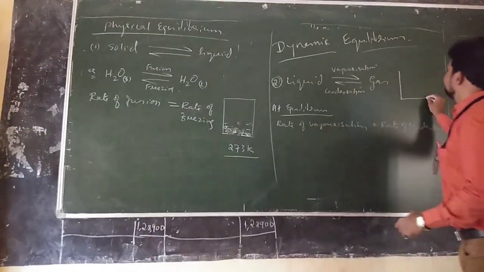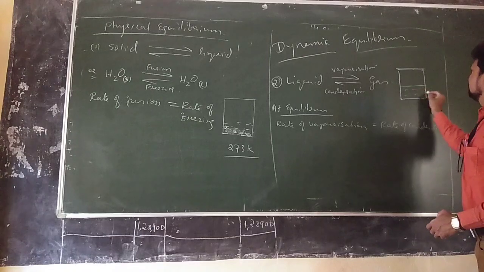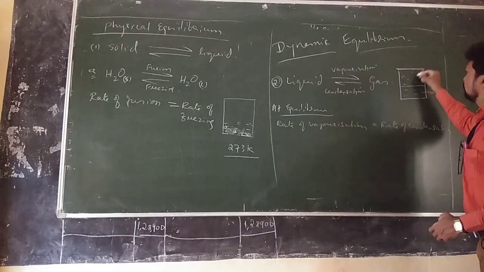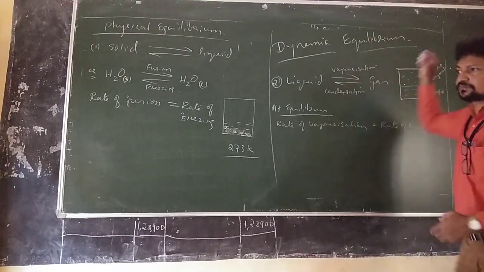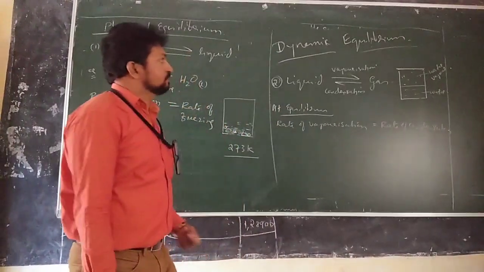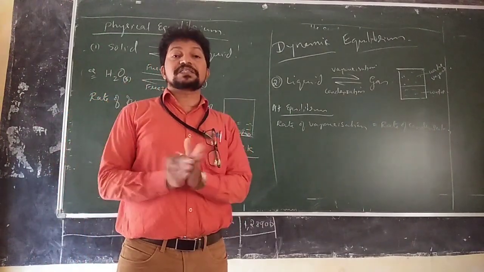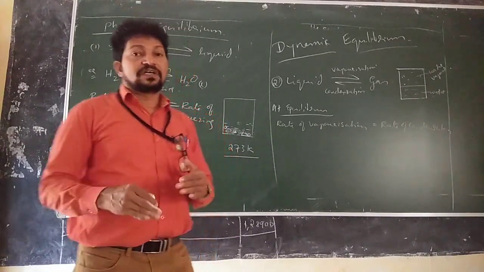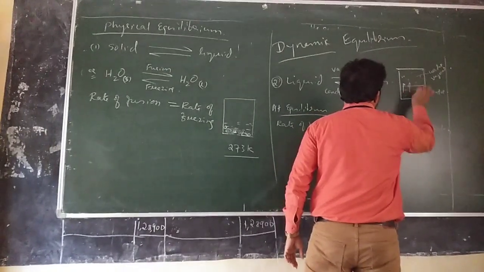Take a vessel, perhaps a closed system, maybe this is water liquid and this is water vapor. So at equilibrium, what should happen? At equilibrium, both water and water vapors exist. Some amount of water is becoming water vapor.